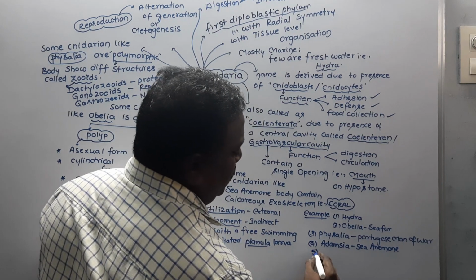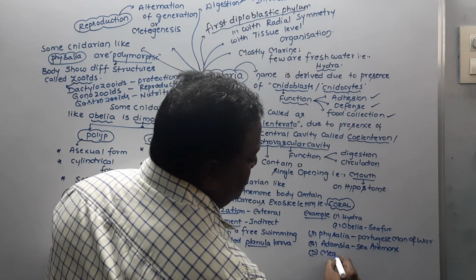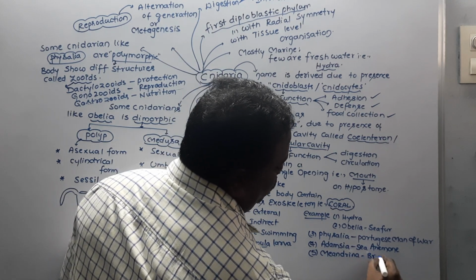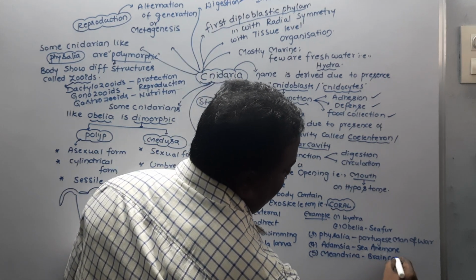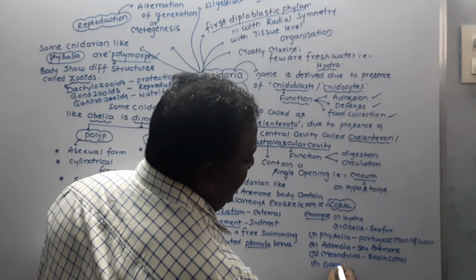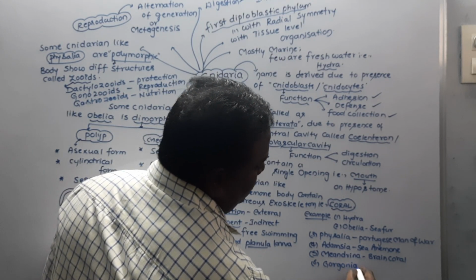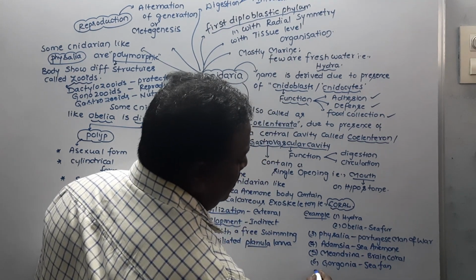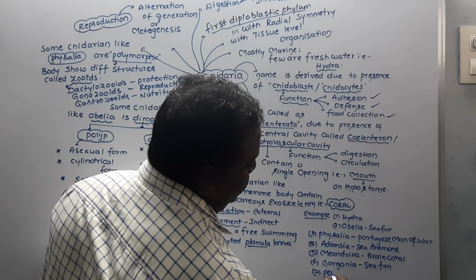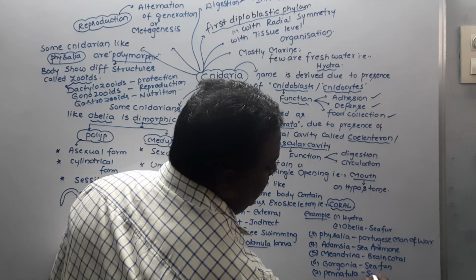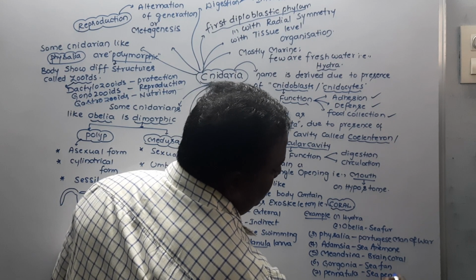The fifth example is Meandrina, whose shape is like a brain, hence we call it brain coral. The sixth example is Gorgonia, also called sea fan. The seventh example is Pennatula, commonly called sea pen.